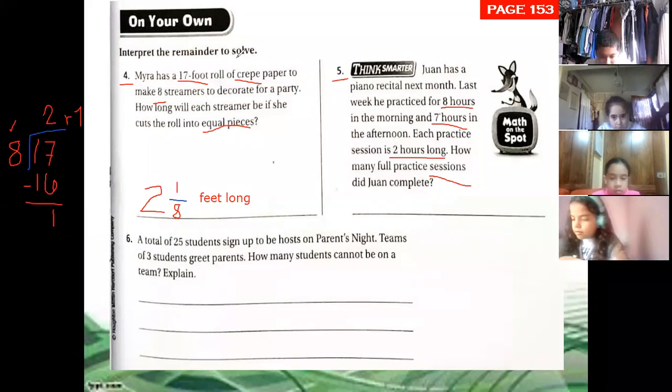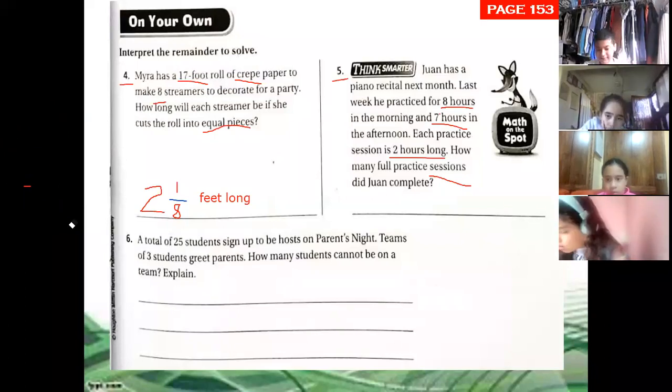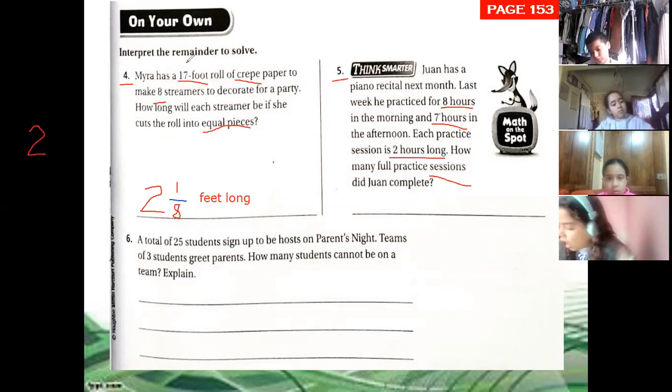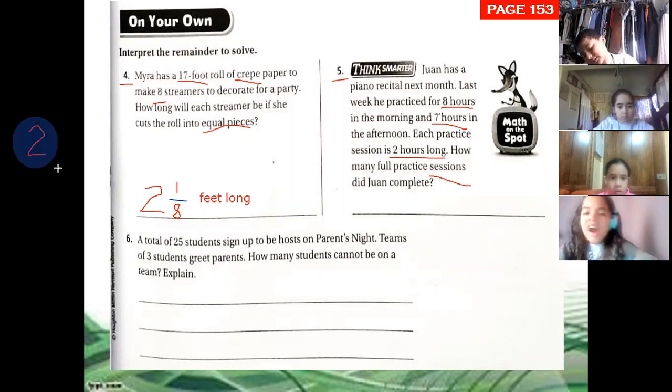So to have a complete session, Juan needs to practice 2 hours. He practiced 8 hours in the morning last week and 7 hours in the afternoon.